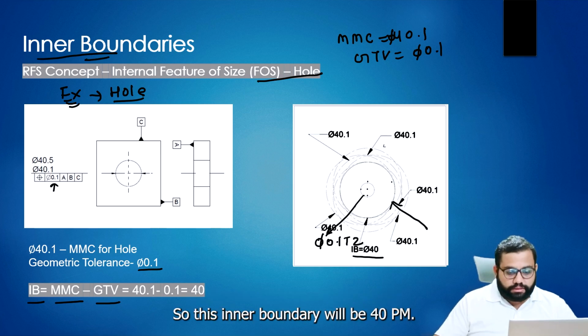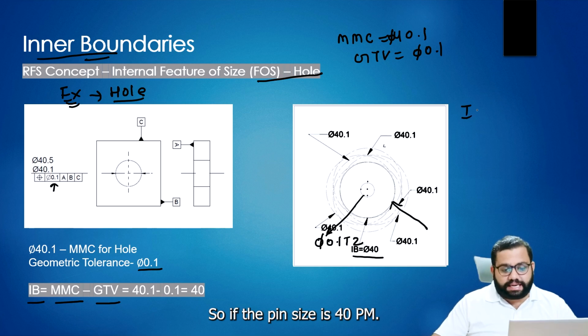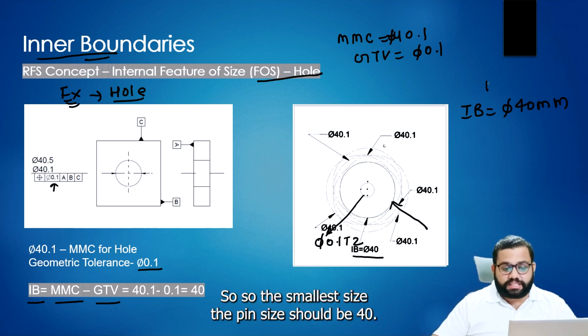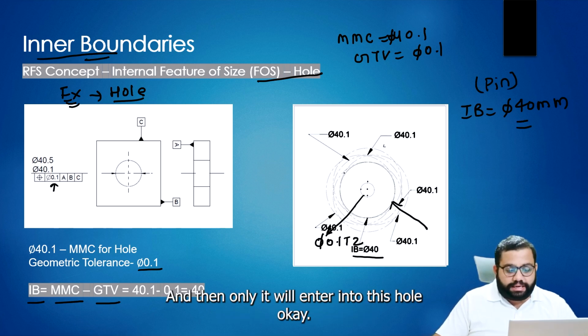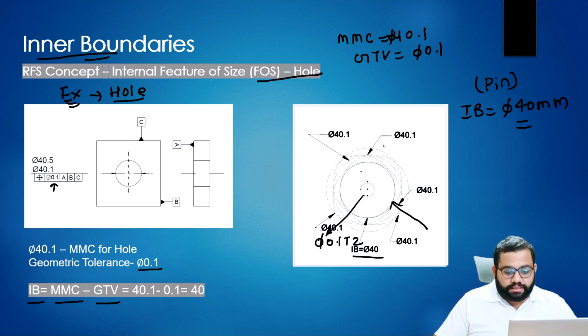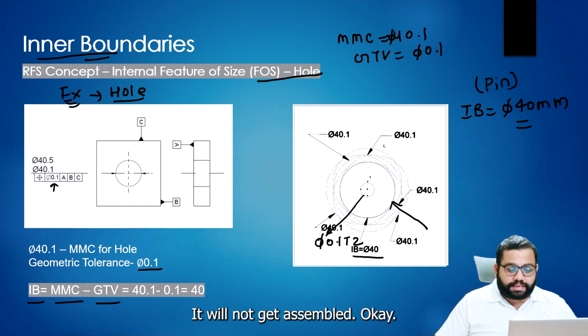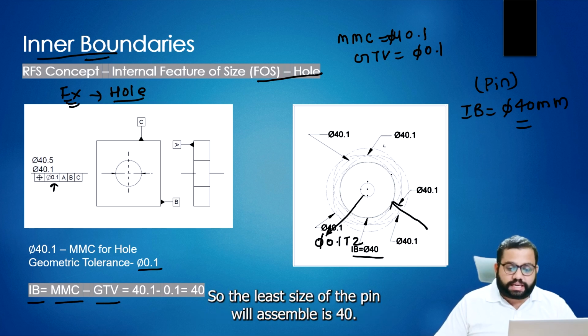If the pin size is 40 mm, it will enter into this hole. The pin size should be 40 mm; if it is more than 40, there is a chance it will not get assembled. So the largest pin that will assemble is 40 mm.